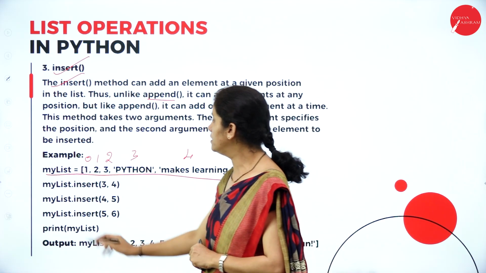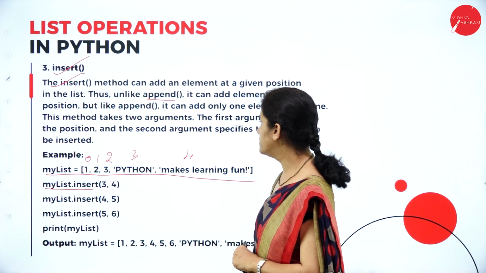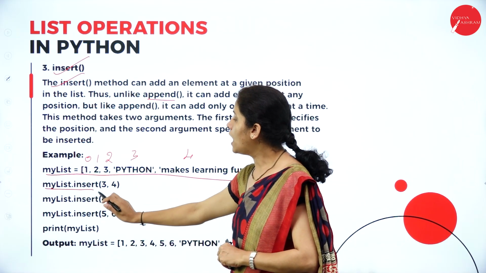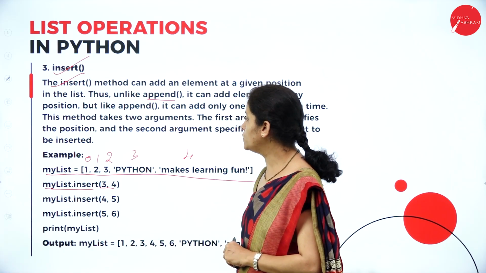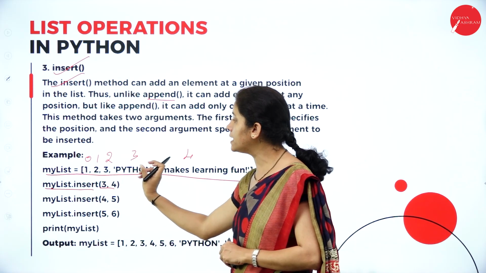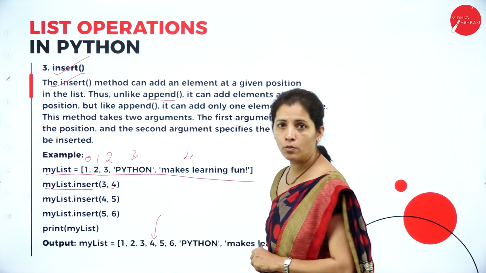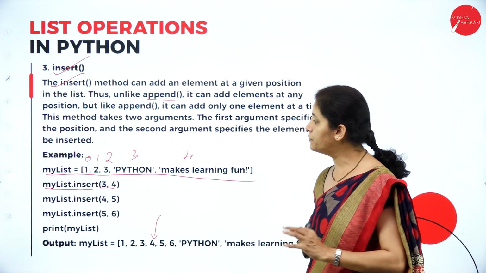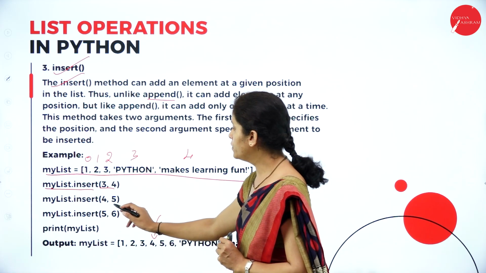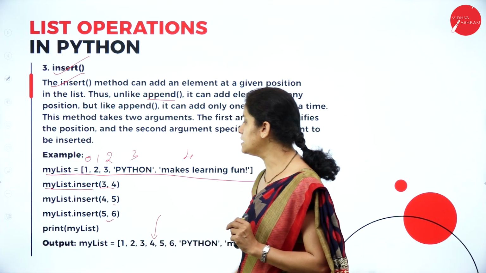Here, my list dot insert, and I want to insert the element at the third position. What is there in my third position? That is Python. For the third position, I'm going to insert 4. Now, fourth position, I'm going to insert 5, and for the fifth position, I'm going to insert 6.